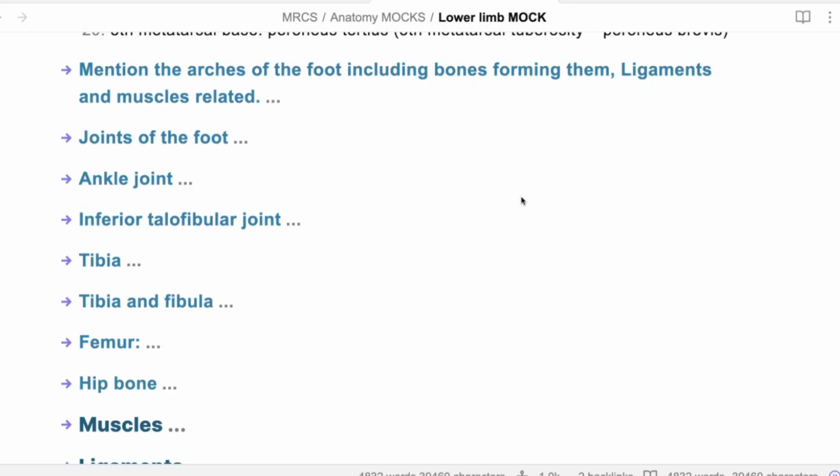So now we will come on the transverse arch, and transverse arch is formed by the heads of the metatarsal bones, and 3 cuneiforms and 1 cuboid. And the ligament that supports the transverse arch is the interosseous ligament.